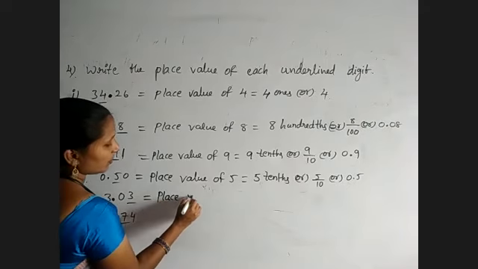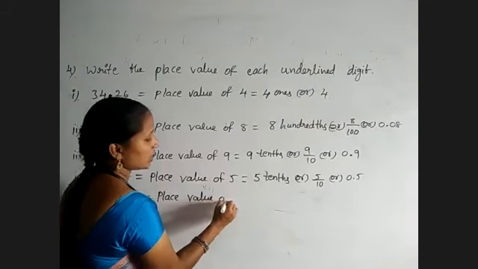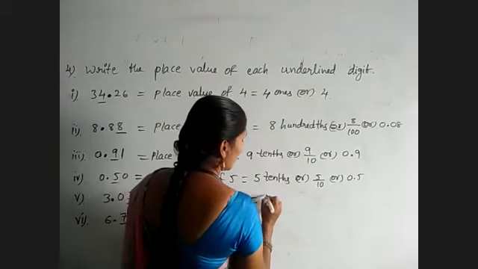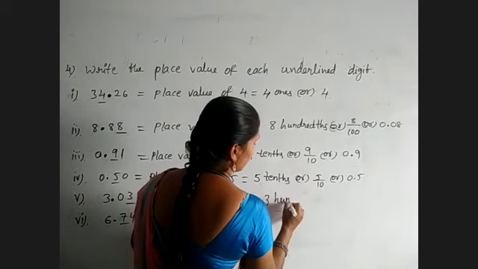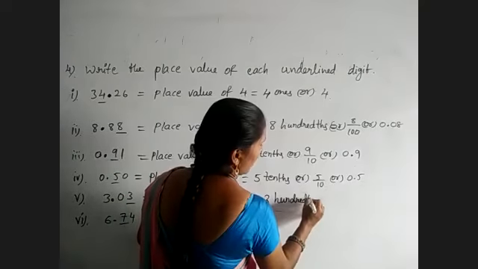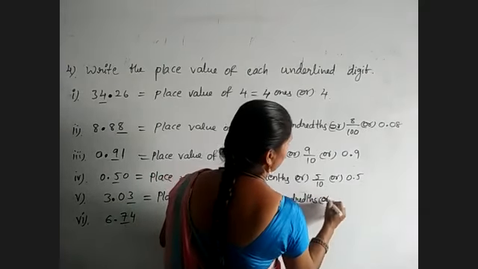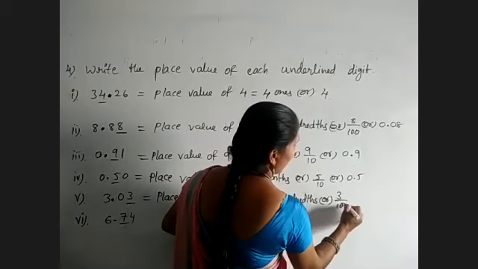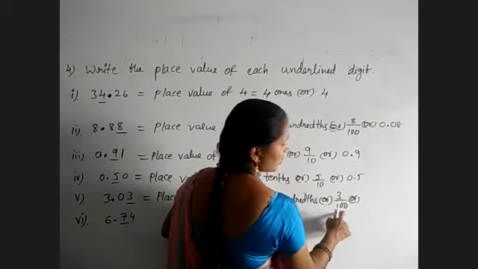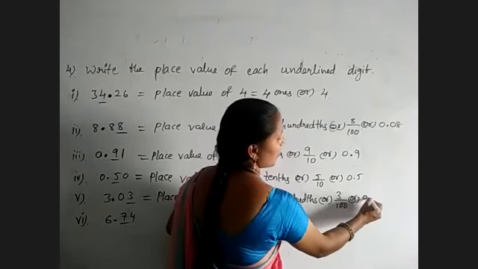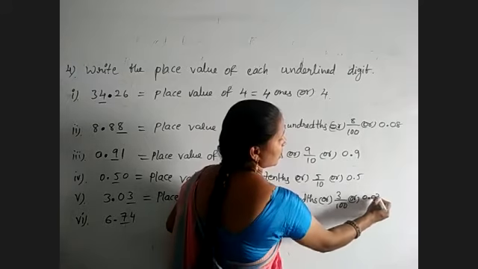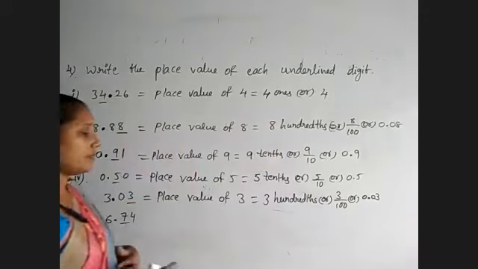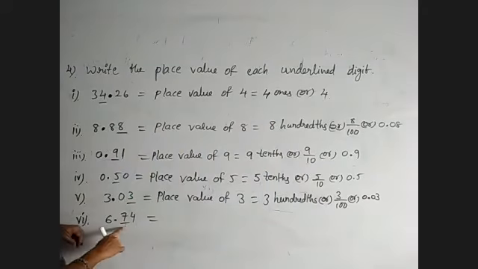So two zeros before, two-digit decimal, 0.03.